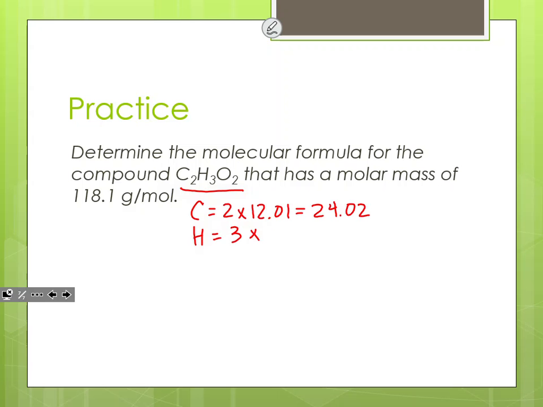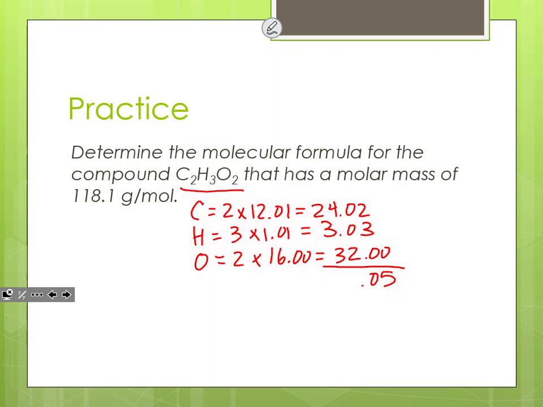Hydrogen, 3 times 1.01. That's going to give us 3.03. And oxygen is going to be 2 times 16. That should give us 32. When you add all this up, it ends up being 59.05. Very good. Trying to do the mental math wasn't working for me. There you go, 59.05 is correct.